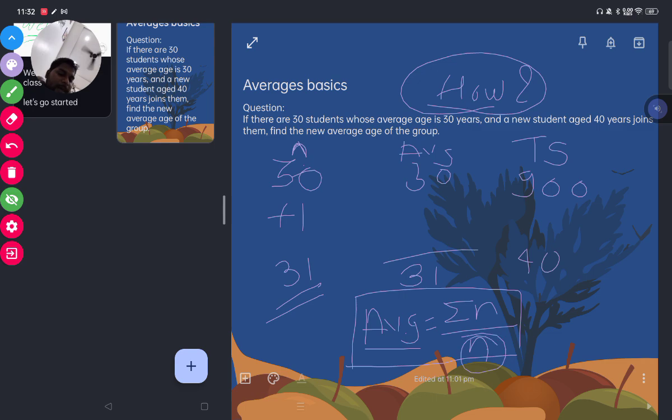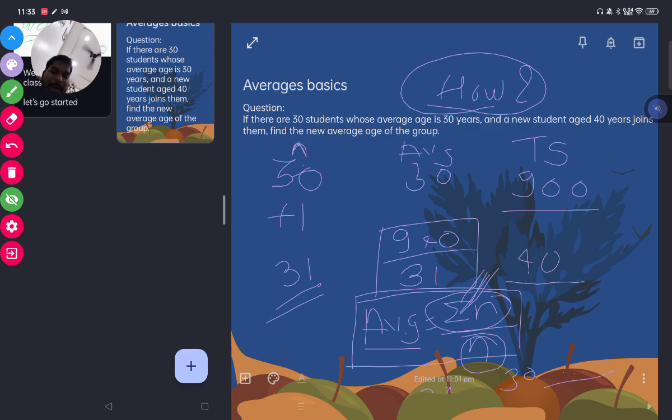And the summation of the values: we already have 900, and we are adding 40, so it becomes 940. So 940 by 31 is the average. If you calculate that, the value becomes 30 point something. So this is the average.